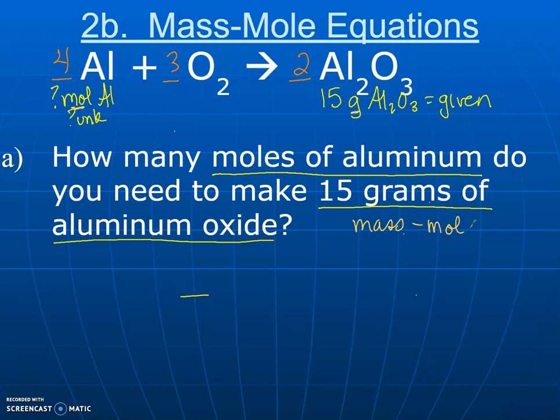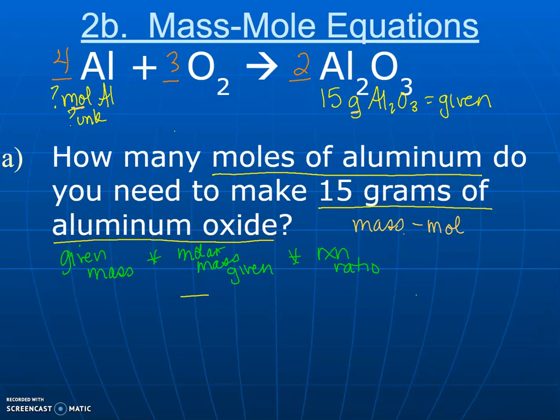So our game plan is to start with our given mass, then multiply by the molar mass of our given, and then use the reaction ratio to get to moles of our unknown. And then we stop there.